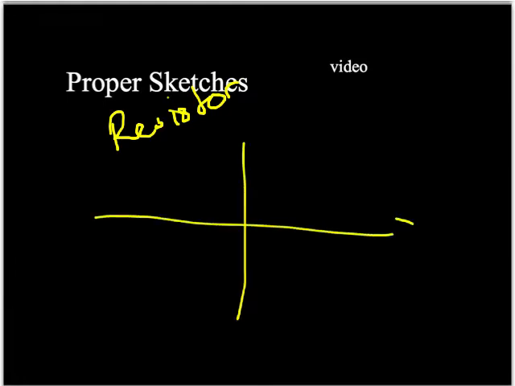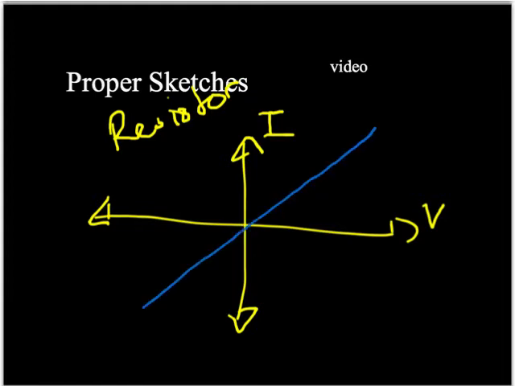You have some axes. We're going to do IV, so I on the Y, V on the X, and we'll just put a line in. The line is going to be nice and straight.